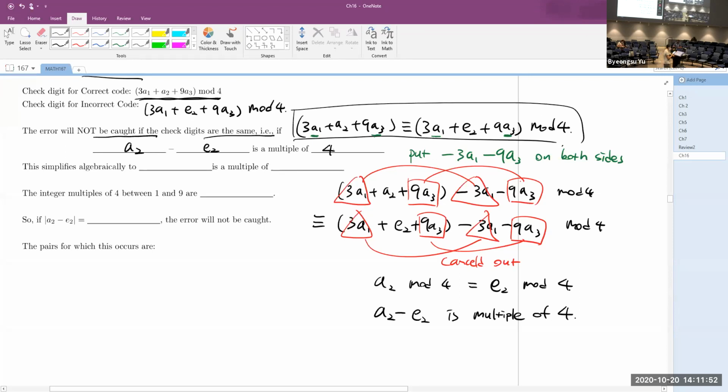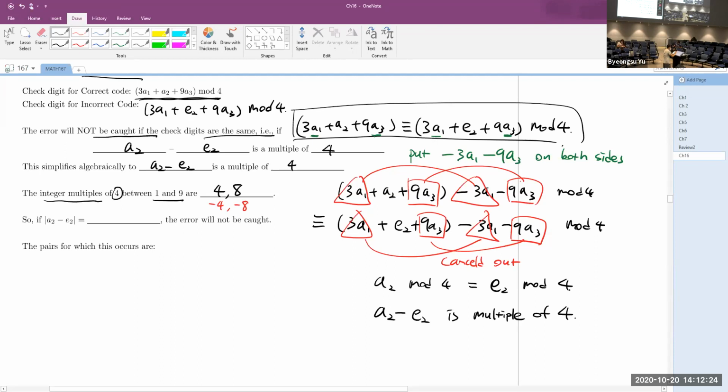In that case, the error will not be caught. And we know that the integer multiples of 4 between 1 and 9 are 4 and 8, right? From here, it may also be negative 4 and negative 8. And 0 cannot be counted because A2 is not the same as E2, right? So 0 cannot occur.